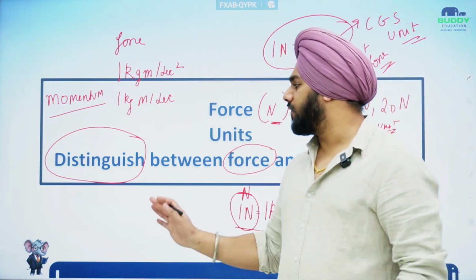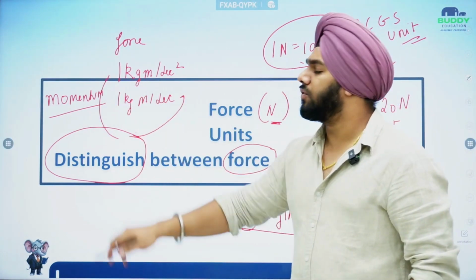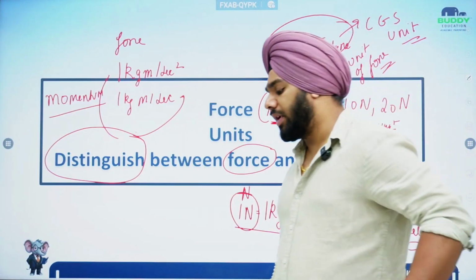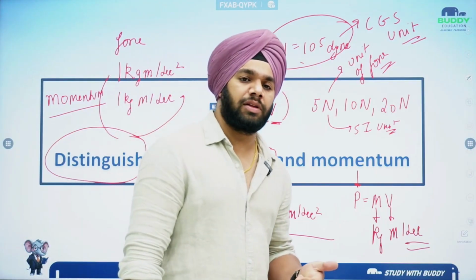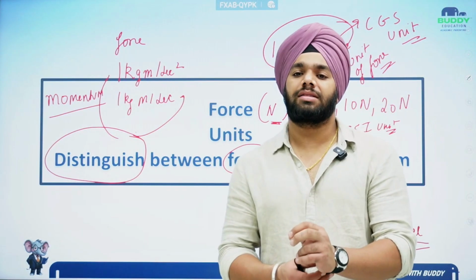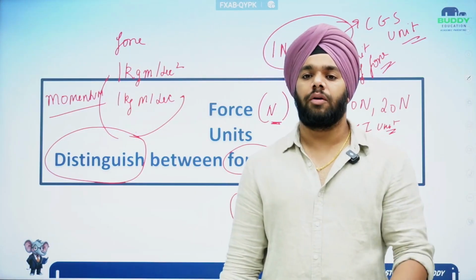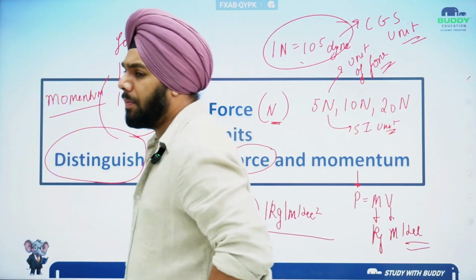So there is a big difference. So you can easily distinguish that, okay, one is force and the other is momentum. You get the unit of force with the mass and acceleration, you get the unit of momentum with the mass and velocity. This is how we can simply understand that, okay, this is the force and this is the momentum. Okay, got my point?